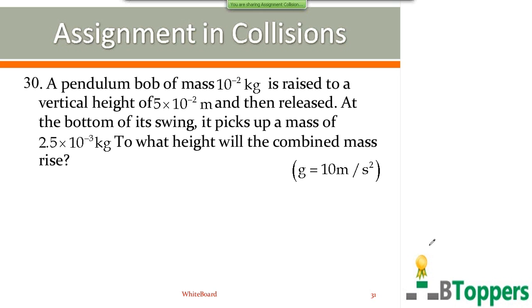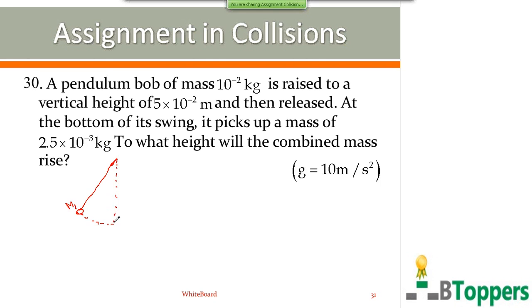To find the vertical height to which the combined mass rises after collision, you have to find the velocity of the combined mass just after collision. To find that, you have to first calculate the velocity of the pendulum bob just before collision with the second particle at the bottom of its swing. The mass of the pendulum bob is denoted by M1. It is suspended by a string.